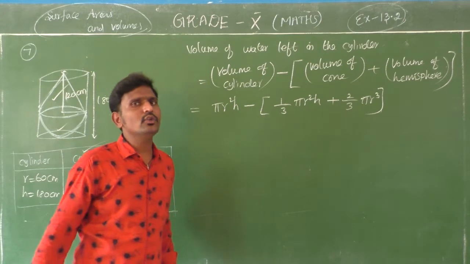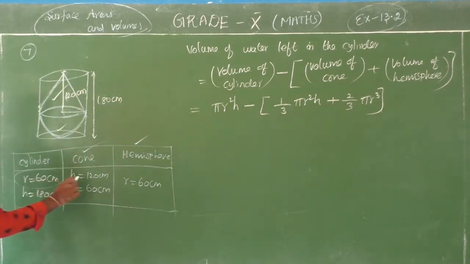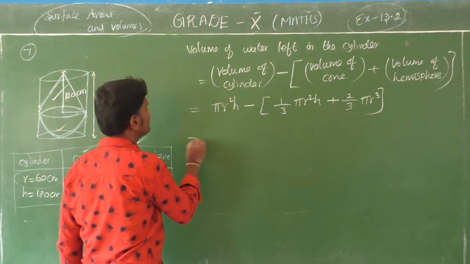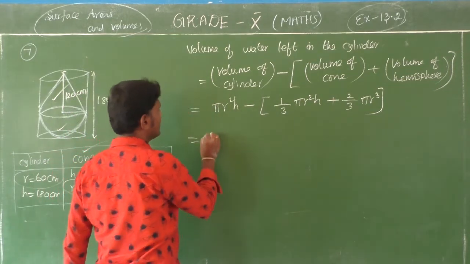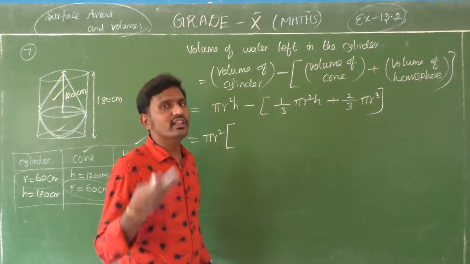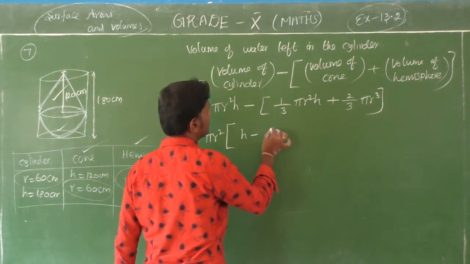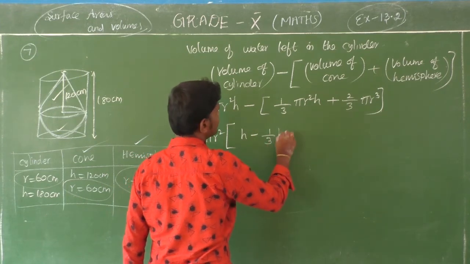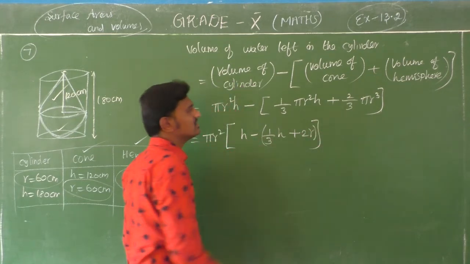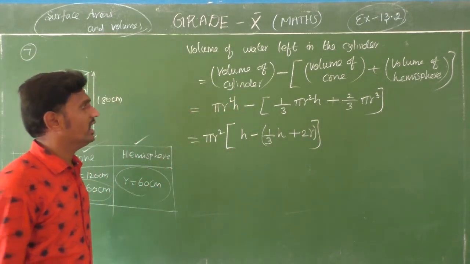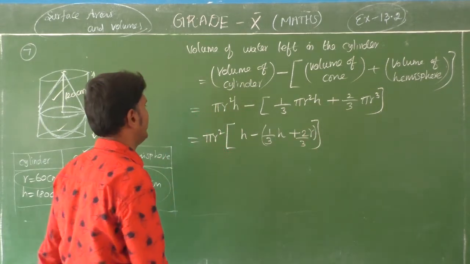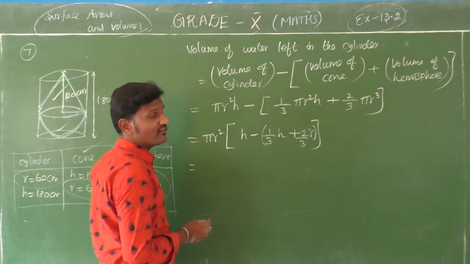Okay, already I told you all three shapes have the same radius. So from the three terms I am going to take outside pi r square. The remaining terms are h minus 1 by 3 h plus 2 by 3 r, because r square only we are taking out, no? Okay. Now I am going to substitute the values.